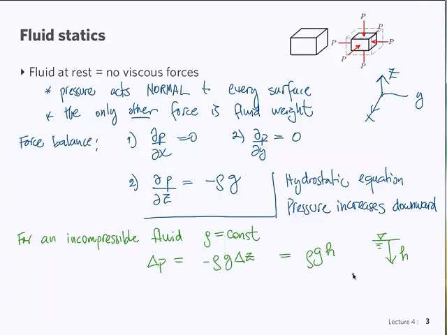So the pressure depends only on depth. And also pressure is isotropic. It acts equally in all directions.